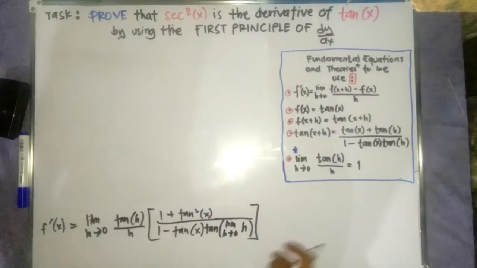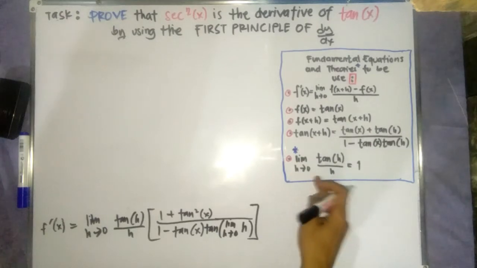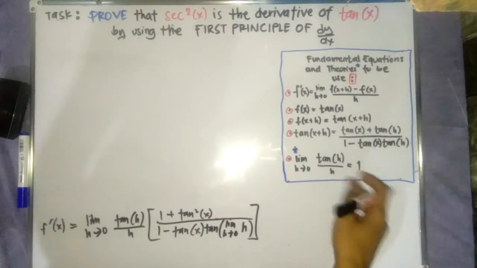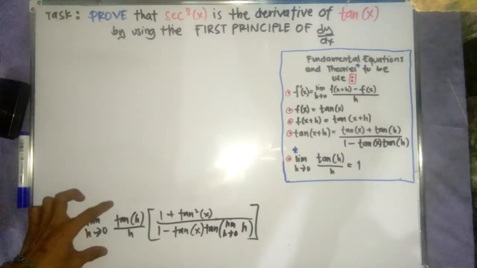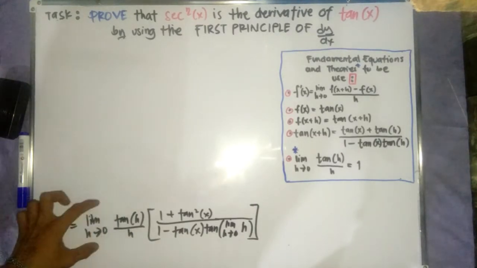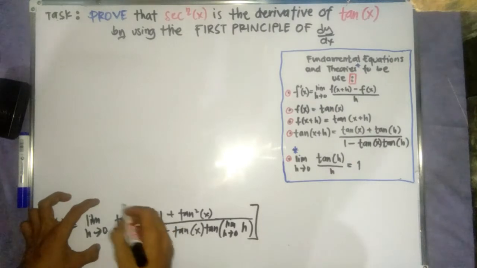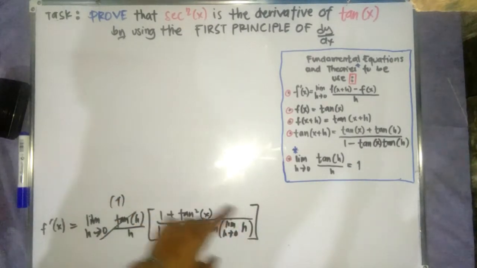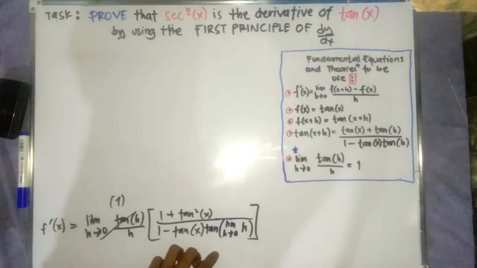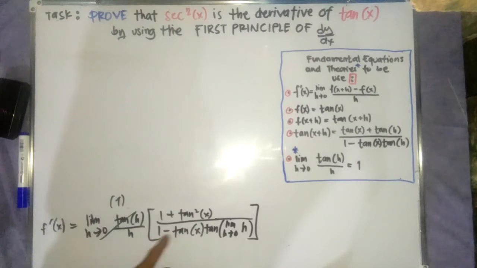So, by using the theory, limit as h approaches 0 of tangent h over h is equal daw to 1. Ibig sabihin, this term will be equal now to 1. And 1 times this thing is 1 plus tangent squared x all over 1 minus tangent x times tangent of the limit h approaches 0 of h.